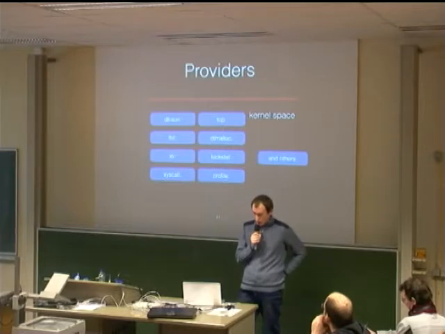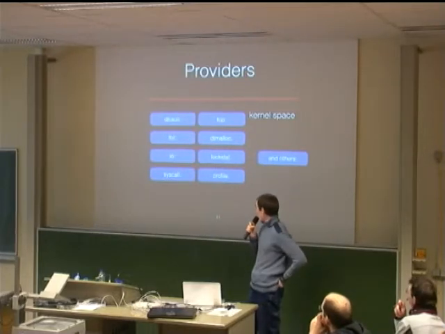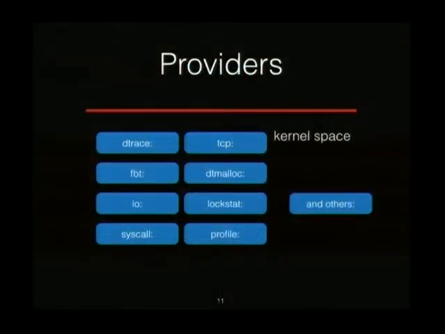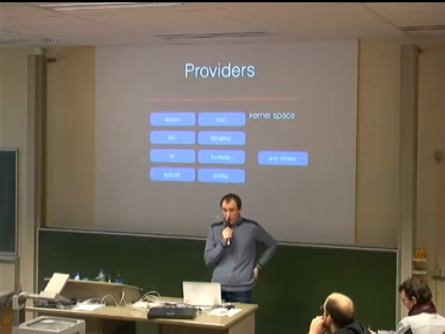These are the available providers on FreeBSD. Many different platforms depend on the kind of providers, because it's not ported yet to many different systems. Linux has two, and FreeBSD, Solaris and OS X have many different providers to trace drivers and other things.